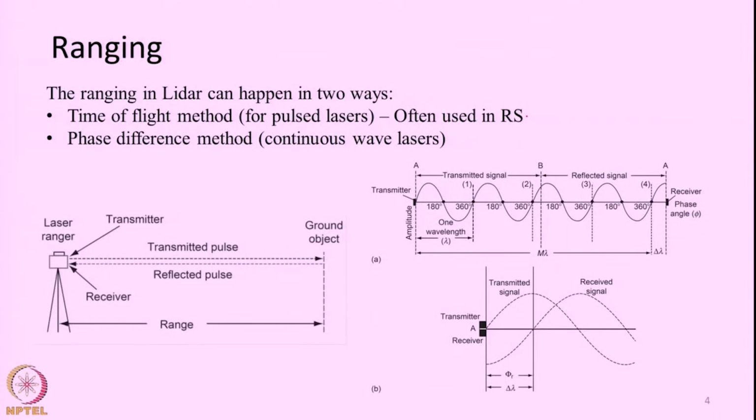The time of flight method, which is often used in remote sensing, is the simple way that we know. A laser beam will be transmitted towards the target, it will be reflected off the target and it will come back.